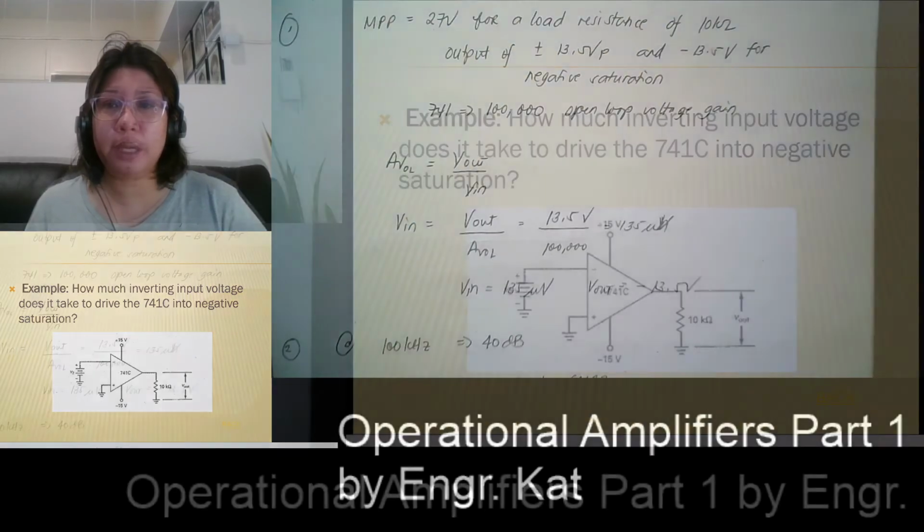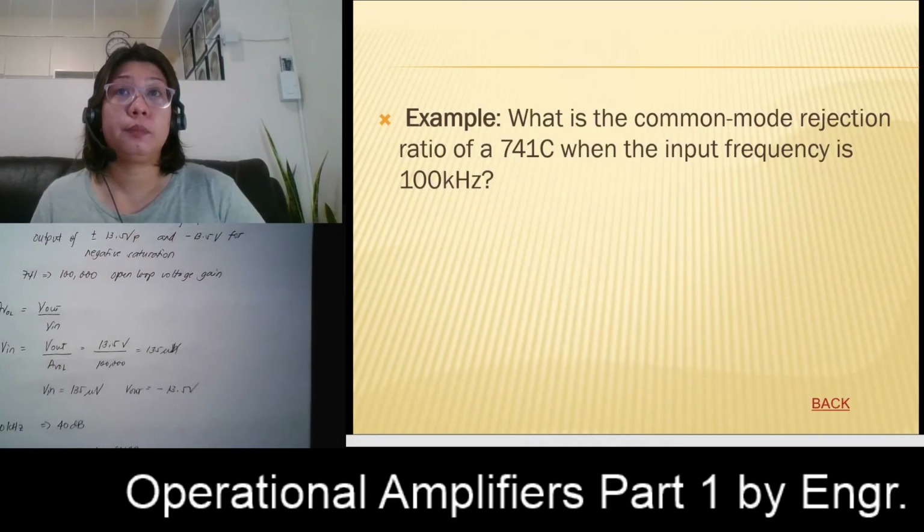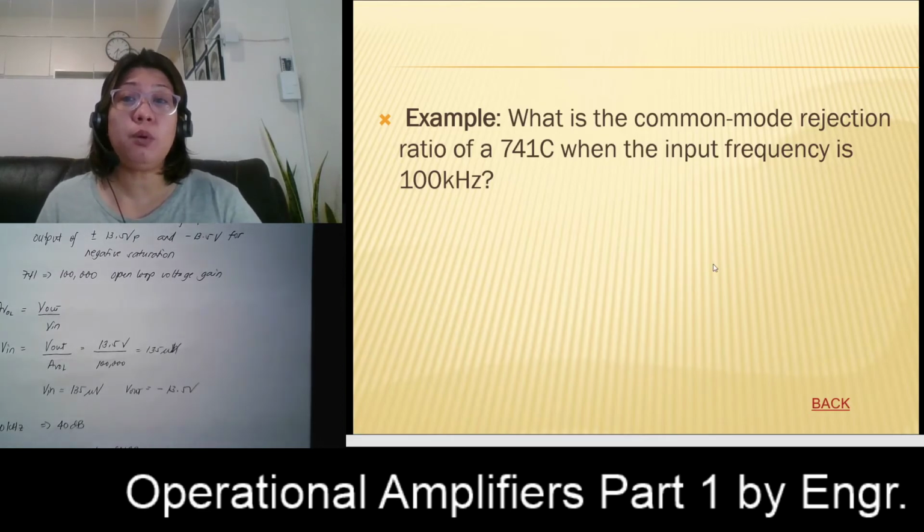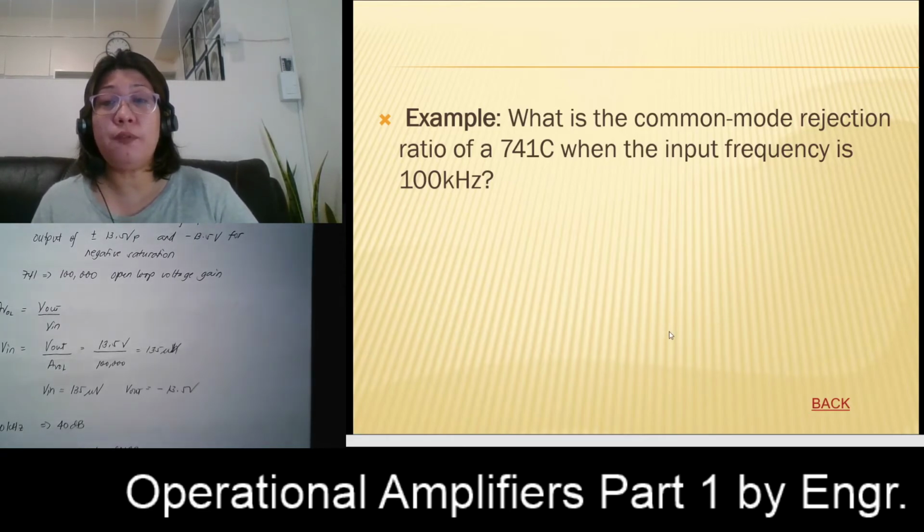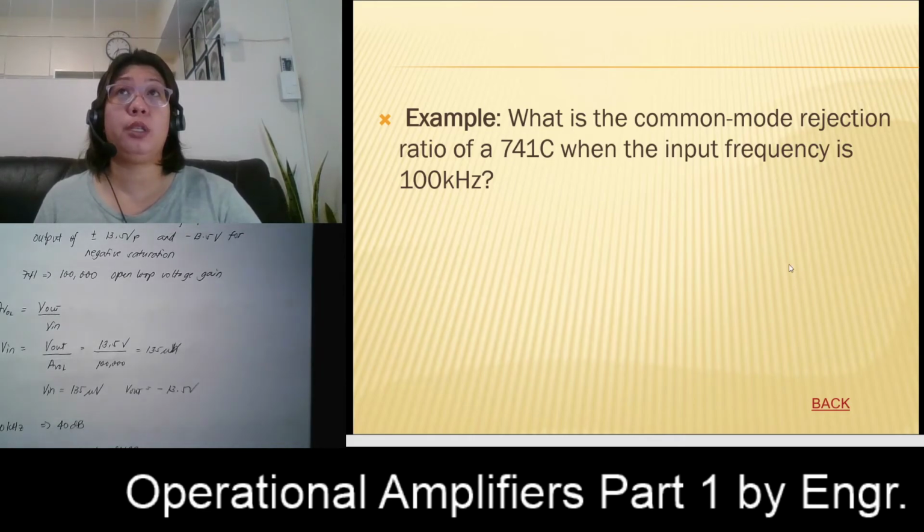Let's go to another example. What is the common mode rejection ratio of a 741C when the input frequency is 100 kilohertz? Okay, so what do we mean by that?